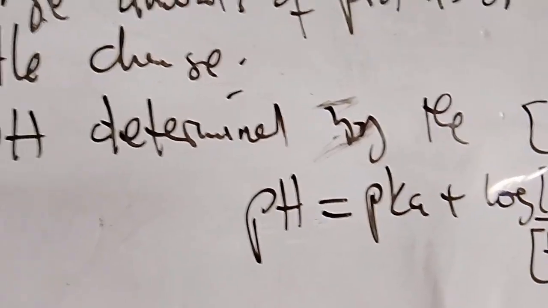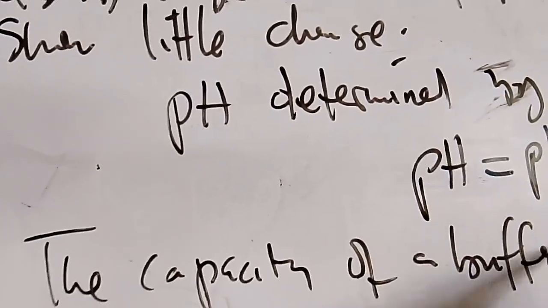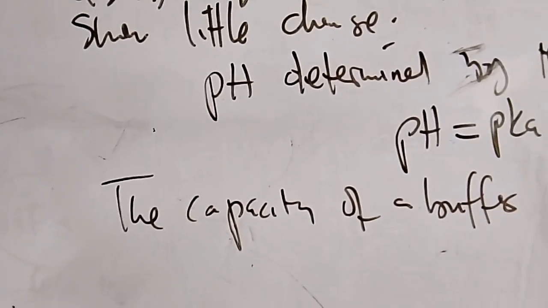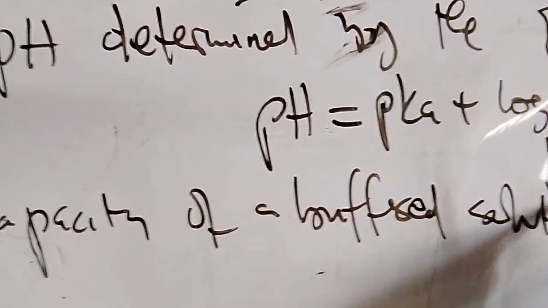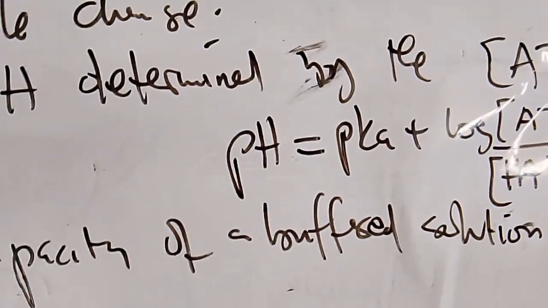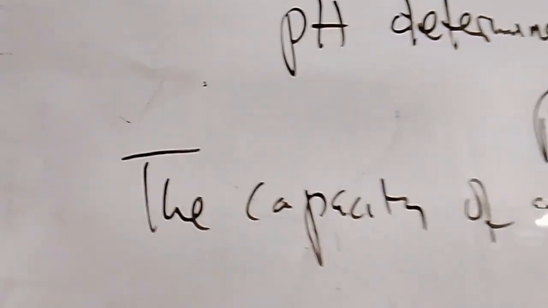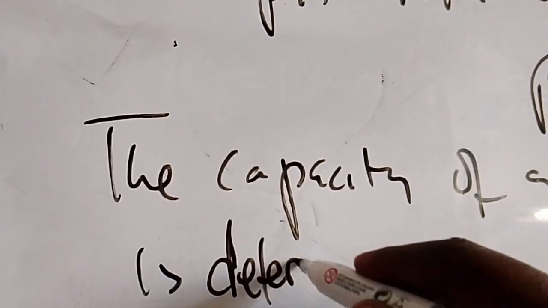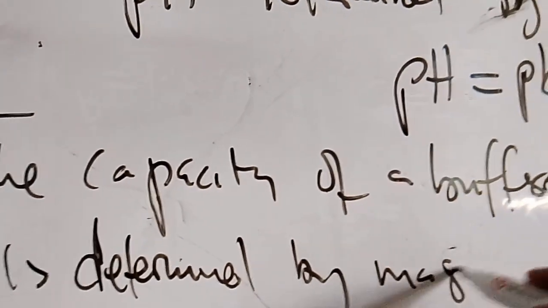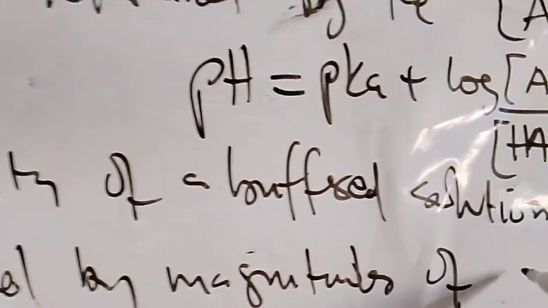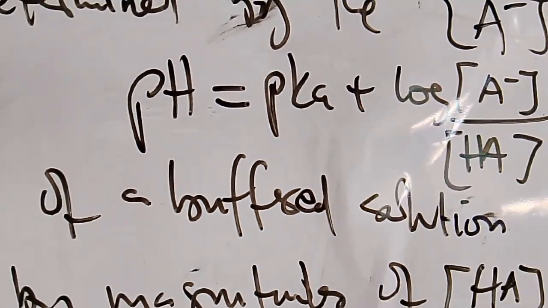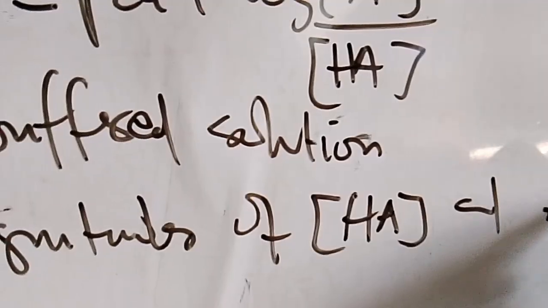Then the capacity of a buffered solution is determined by the magnitudes of HA and A minus.